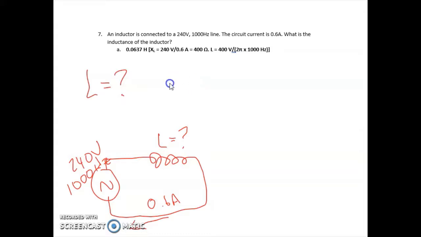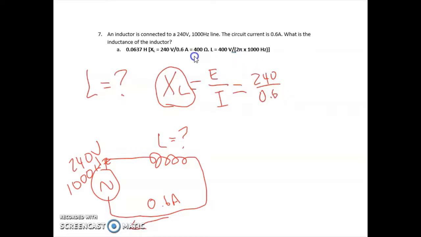So we're basically going to use Ohm's law here. So I'm going to redraw the formula. So this is basically Ohm's law. Instead of resistance here, we're solving for inductive reactance, the current limiting thing. So 240 divided by 0.6 gives 400 ohms, and that's what we can plug into our formula.